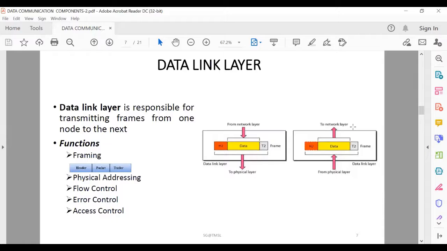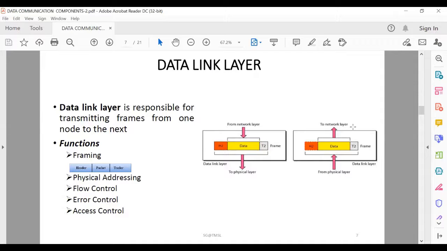Next is the data link layer, the next layer. Basically this data link layer is responsible for the error-free transfer of data frames. It defines the format of the data in the network, and it also provides reliable and efficient communication between two or more devices or nodes.